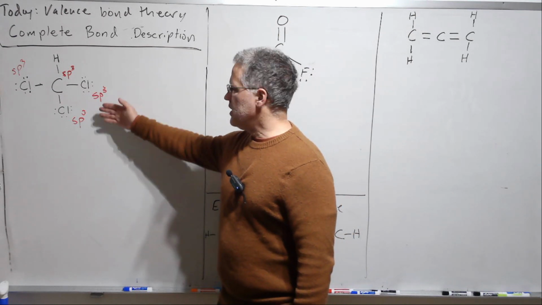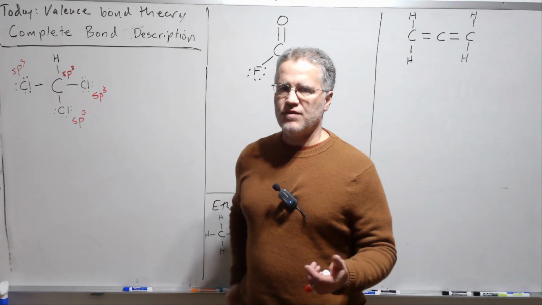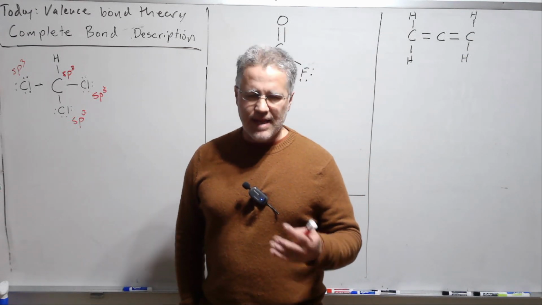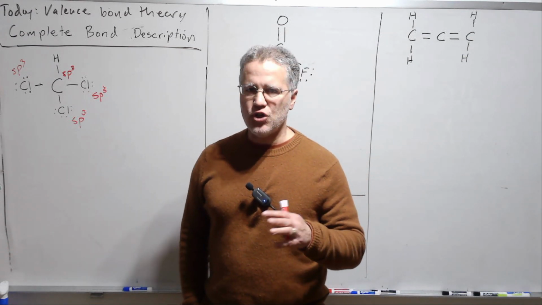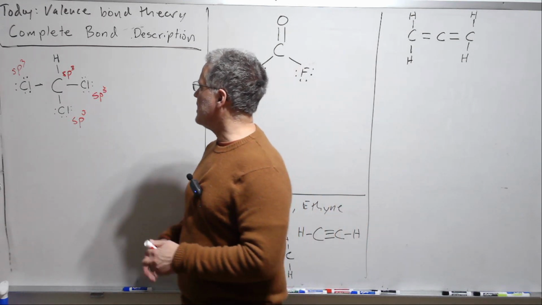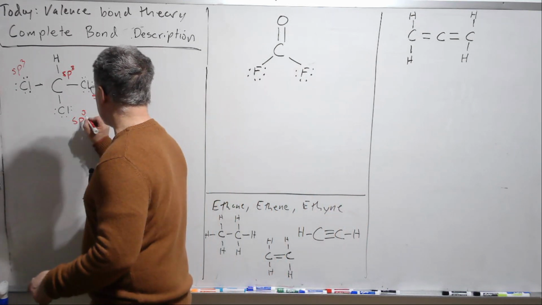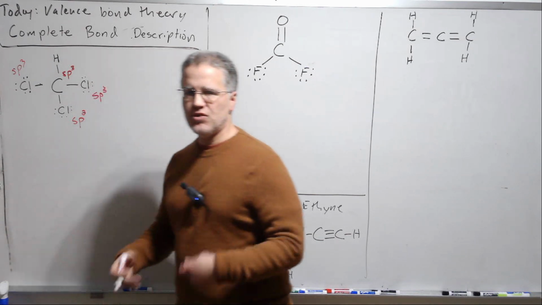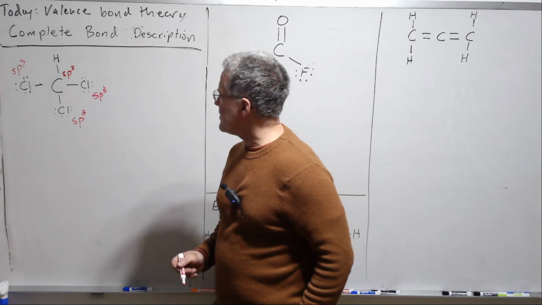So I go with the hybridization of the peripheral atoms. When it comes to chemistry, it doesn't often matter too much. So if your book doesn't, that's why the author has sort of chosen not to do that.